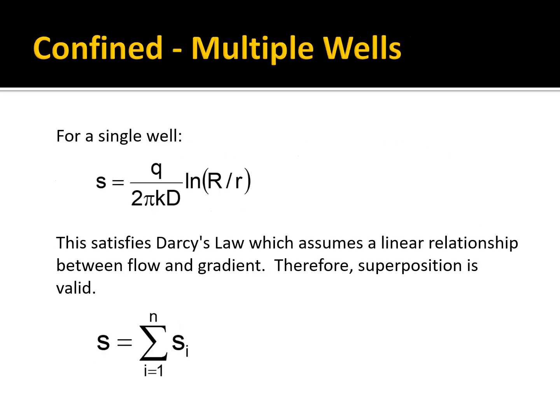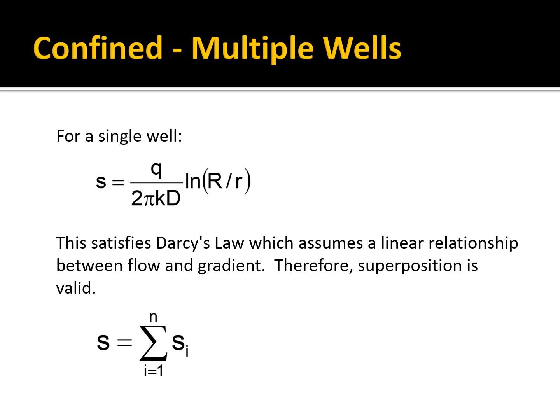Now, what if you have multiple wells? And you want to know what is the combined impact of each of these wells on the potentiometric surface in a confined aquifer. If you look at our equation for drawdown, it's H, capital H minus lowercase h, at any distance R, it's equal to Q over 2 pi Kd times the natural log of radius of influence over R. And this assumes a linear relationship between flow and the gradient.